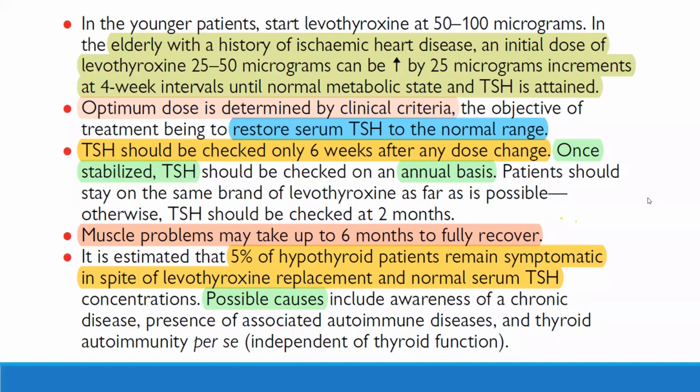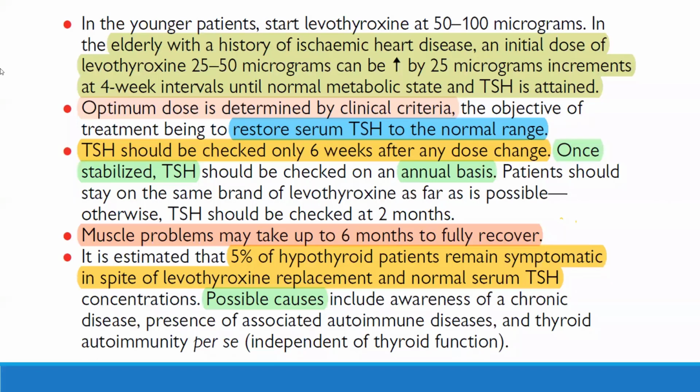Is it a non-functioning pituitary adenoma causing hyperprolactinemia and hypogonadism, or another cause? But once the TSH normalizes, within for example 2 months, hypogonadism caused by hyperprolactinemia from primary hypothyroidism should resolve.